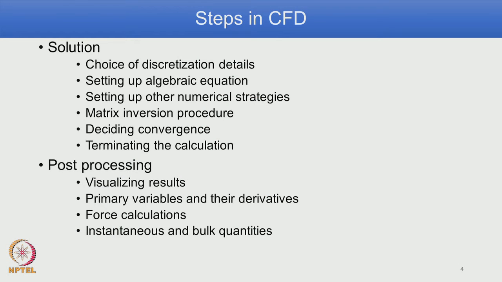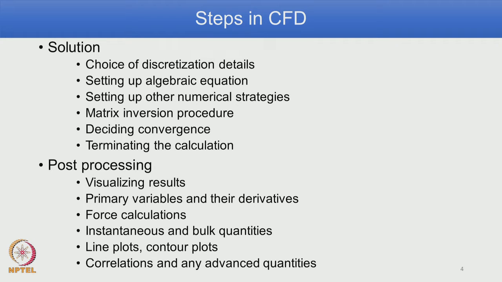And if you are solving an unsteady problem, then you can obtain all this instantaneously, or you can also do an average and get a bulk quantity. You can represent the results either in line plots or contour plots or superimpose one plot over the other. Post processing, initially we do in simple form.